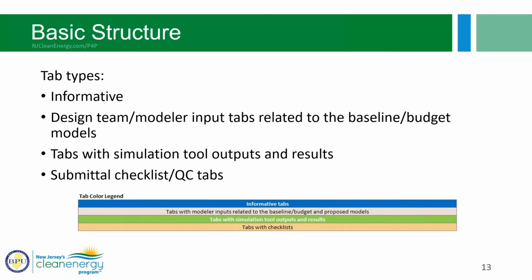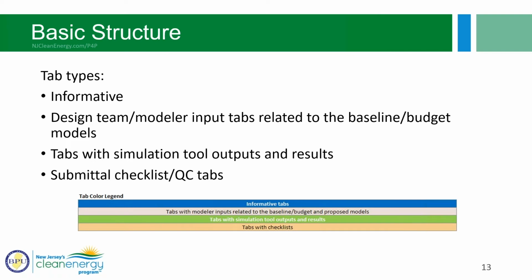They're informative tabs. Then the beige color tabs are tabs that require inputs either from the modeler or the design team. These tabs are related to the baseline and proposed models. For example, these are your HVAC, lighting, and envelope tabs.